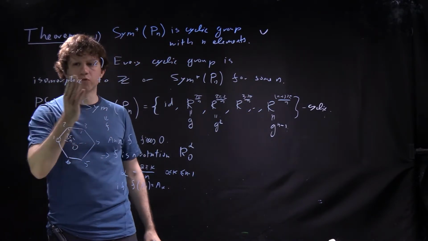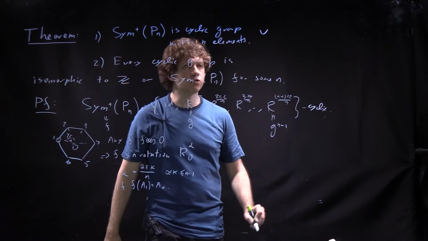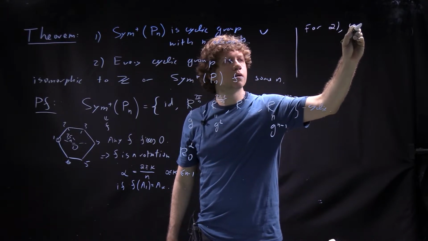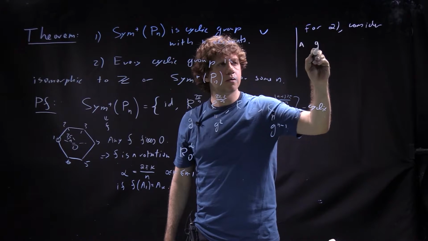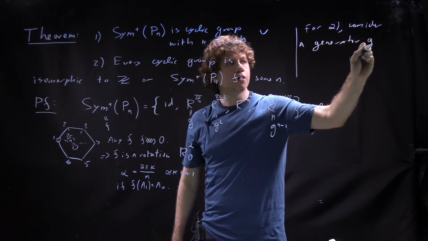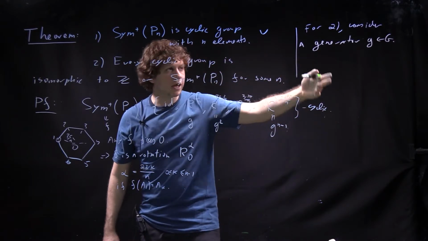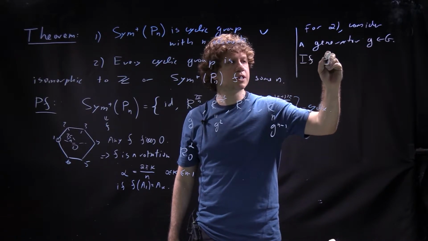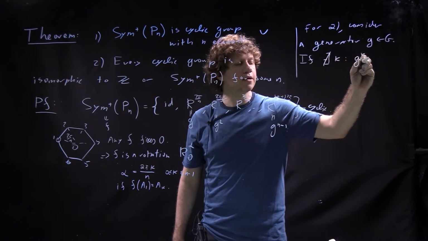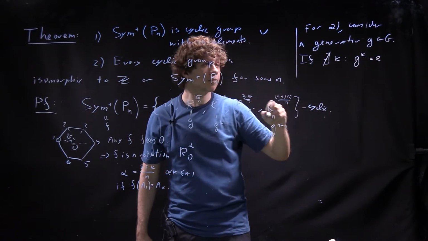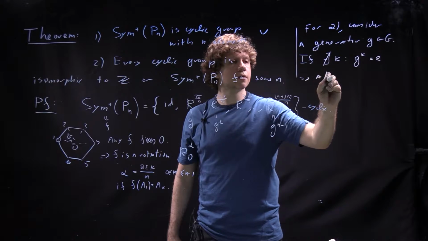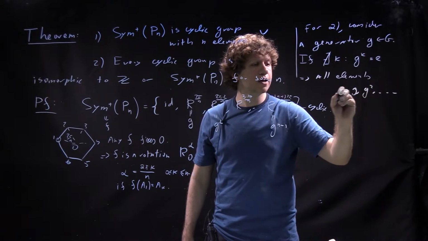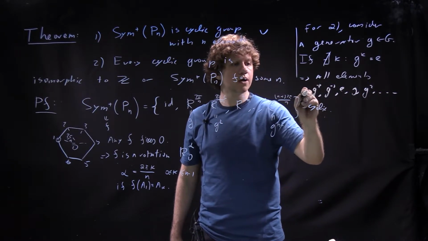How to show that every cyclic group is isomorphic to one of those? To show 2, consider a generator g of G, that means an element whose powers give all elements of G. If there does not exist k such that g to the k equals the identity, then all elements identity, g squared, and so on, g inverse, g to the minus 2, and so on are distinct.